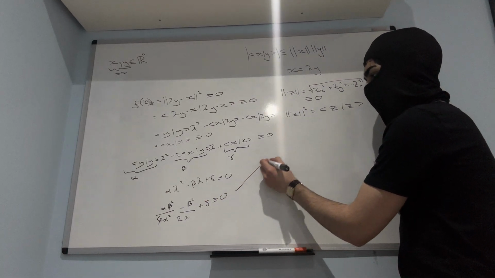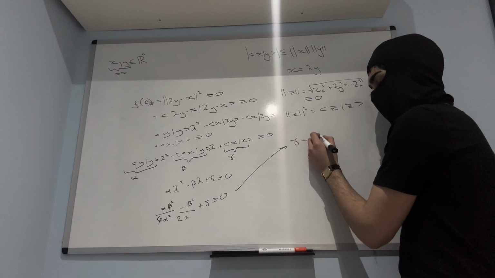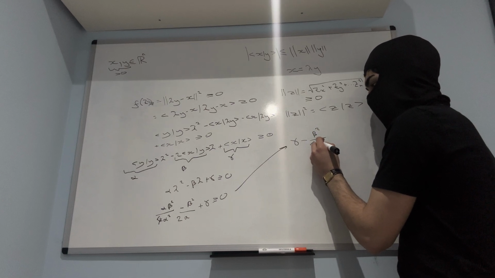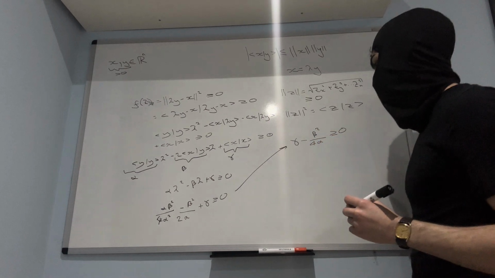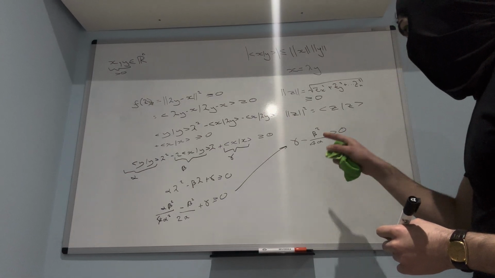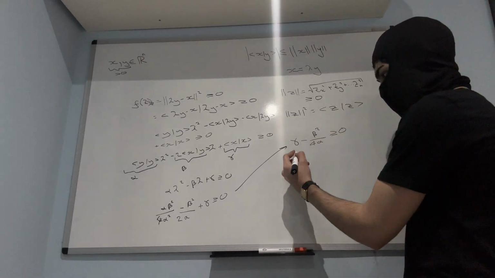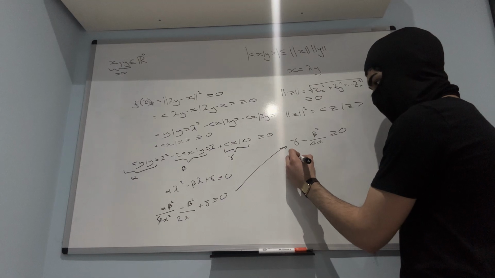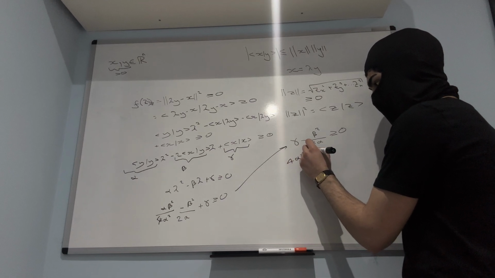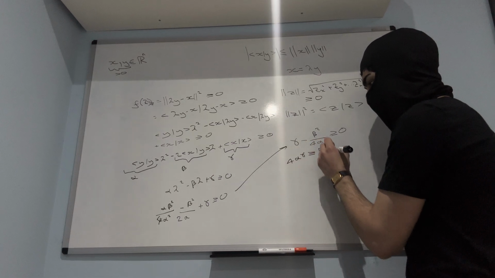We simplify this and we get gamma minus beta squared over 4 alpha greater than or equal to 0. So let's get the alphas and gammas on one side and the betas on the other side. We get 4 alpha gamma is greater than or equal to beta squared.